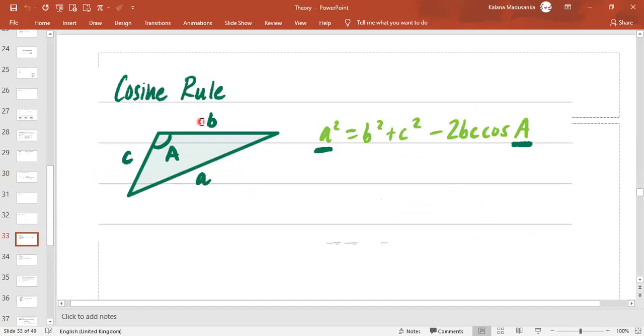Now we can move into the somewhat advanced trigonometric functions. In this case, we are going to learn about the cosine rule, okay? Cosine rule. This exact rule can be seen in the MCQ questions, right?